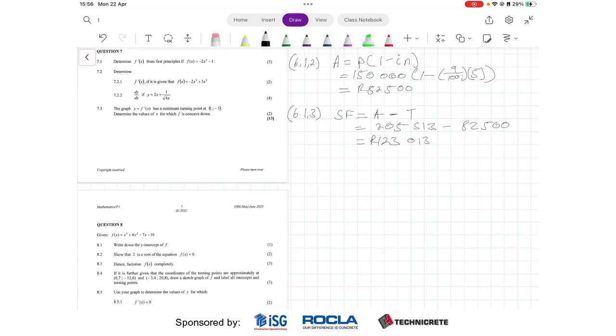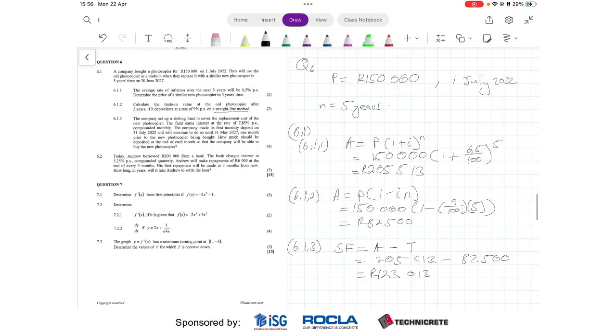Okay, now the next thing is, seeing as we are looking for how much we need to be depositing at the end of each month, we are looking for essentially the amount of the installment that we're going to be paying in order to be able to buy the new photocopier, using the sinking fund. So we are going to be using the future value formula in this case.